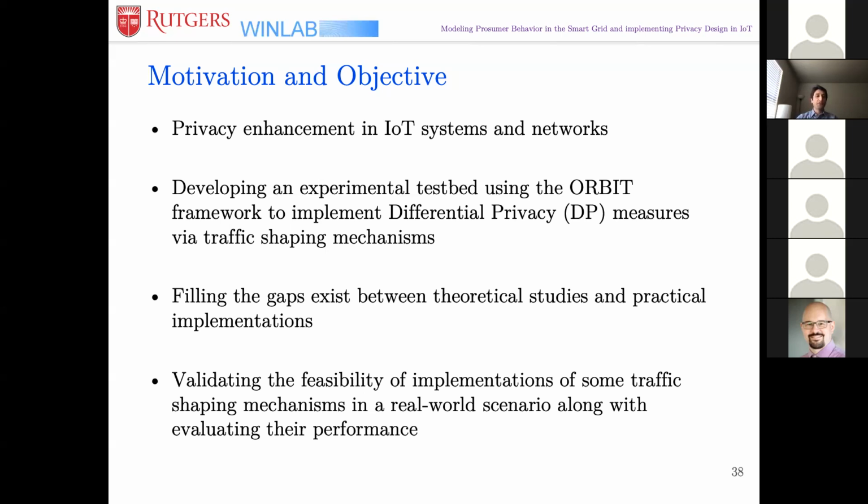The goal is to fill the gaps that exist between theoretical studies and practical implementations, and validate the feasibility of implementing some traffic shaping mechanisms in a real-world testbed, along with evaluating their performance, and also projecting and showing the issues that can be faced in a practical setup.